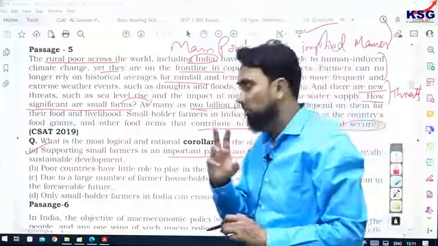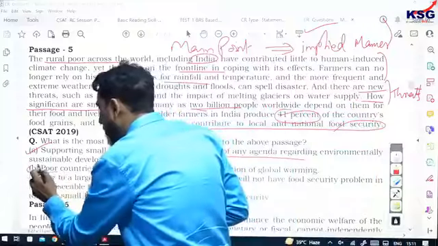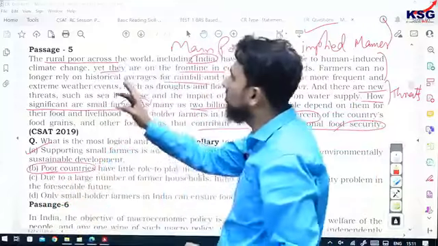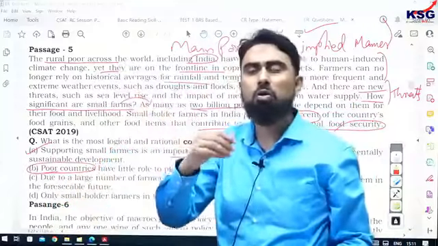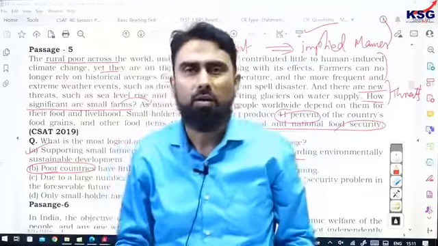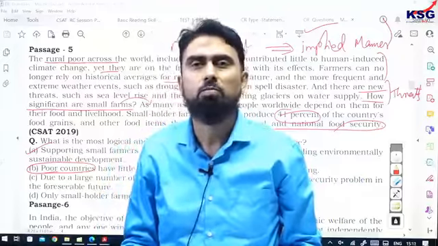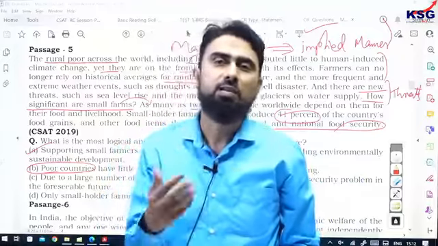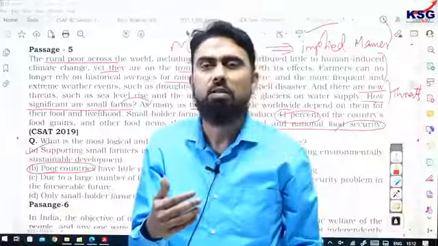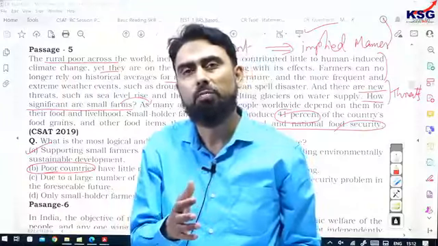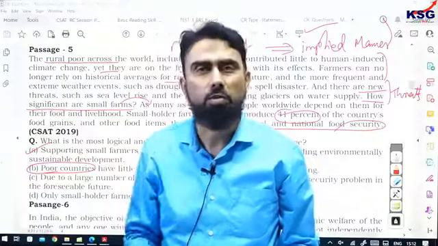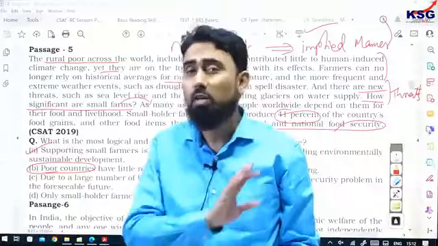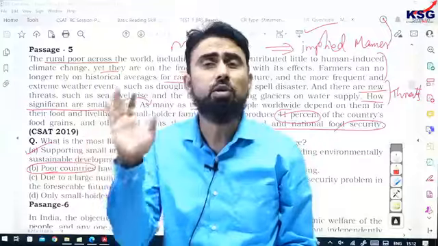And next, the second discrepancy you should notice: the paragraph talks about the rural poor, the rural farmers, including India. It does not talk about the poor countries. You can say, yes sir, in a poor country there is a good chance that there will be more poor farmers. Yes, that's true, but we can never say that in a poor country there are no rich farmers.